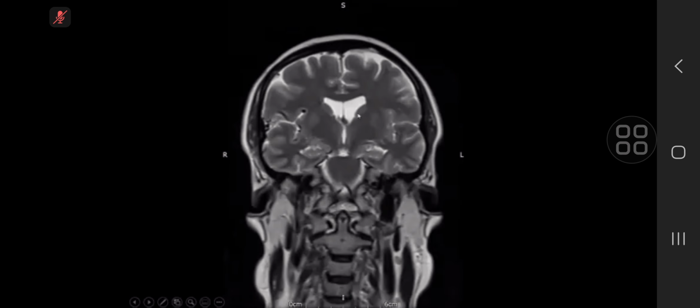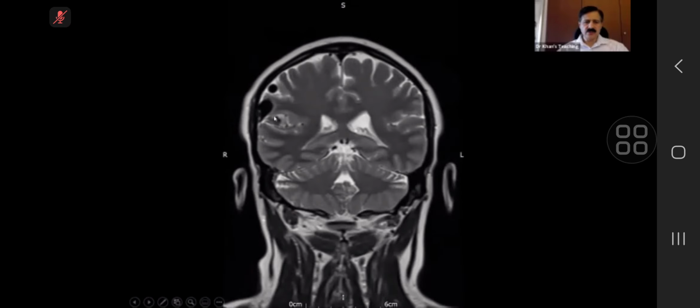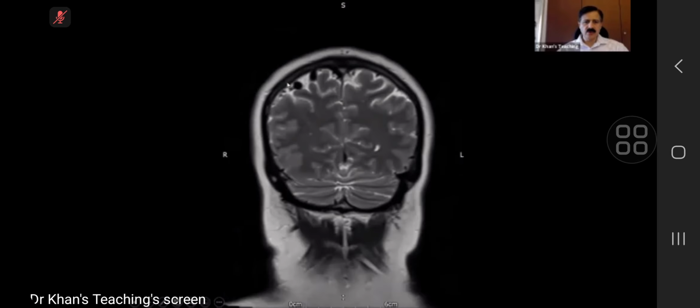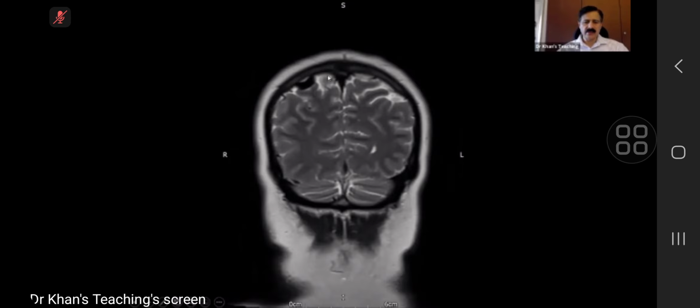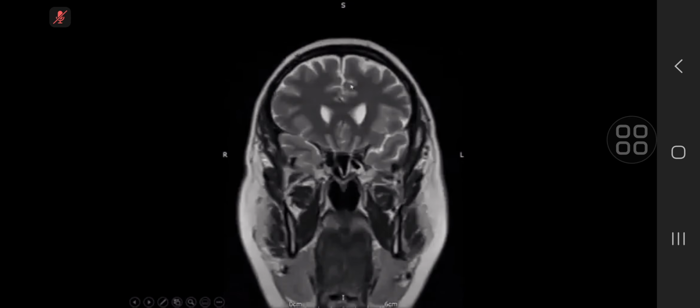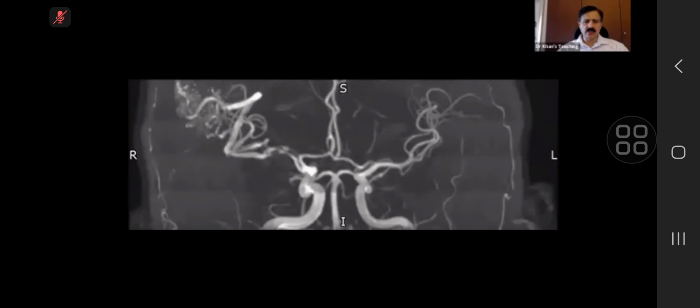And on this MR, you can see this filling defects, and you can see how it goes and connects with the superior sagittal sinus. So the point is that anybody who shows you an AVM will show you initially on a CT scan. It will be a subtle finding, and only then will show you something else.